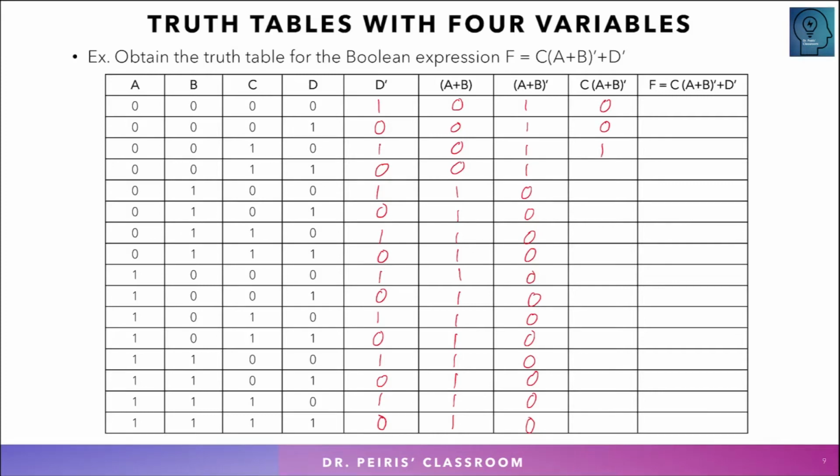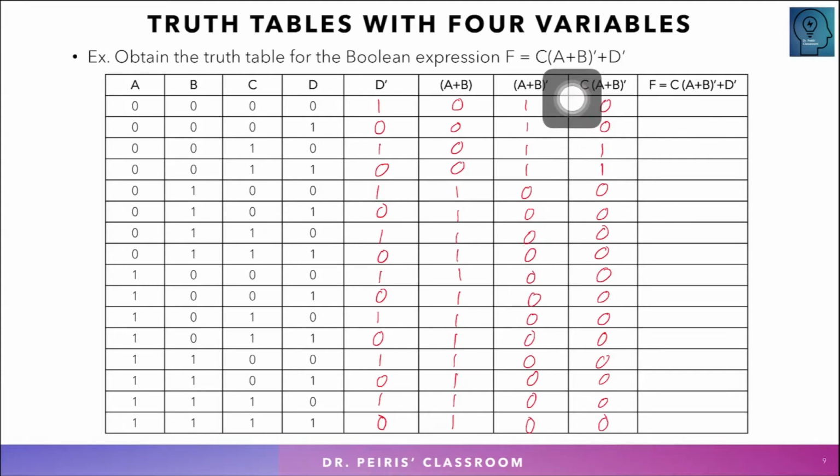Fourth one, both are 1, so this is 1. For all the rest of the rows, these are all zeros, so the output has to be 0, because for the AND operation everything needs to be 1 to receive output 1. So this is all zeros. So we finished with that part.